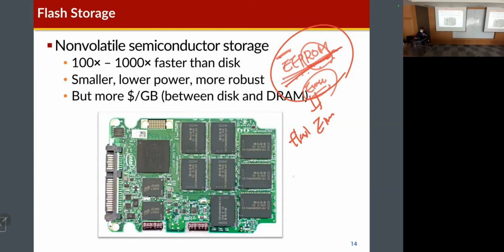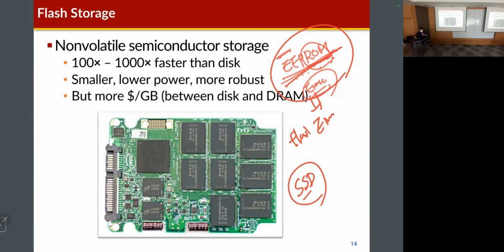But the flash SSD is very fast, so we can apply some technique for this SSD, but I will not explain it this time.